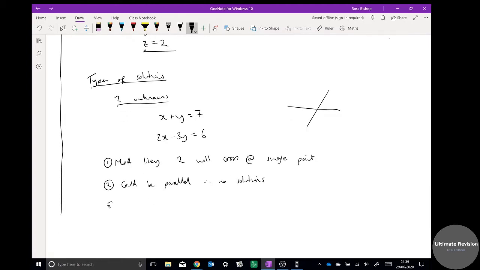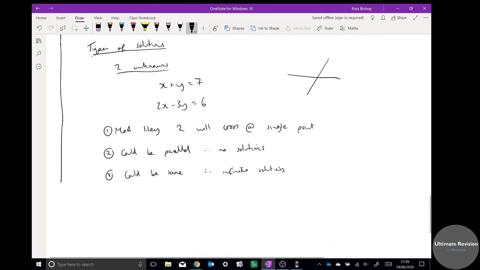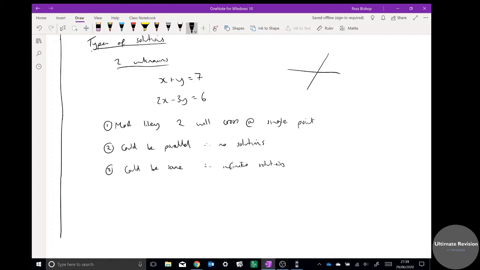Or they could be the same, and therefore infinite solutions. So those are the possibilities, okay? And you can work out these quite quickly, because if you create the system matrix here, it would be that.